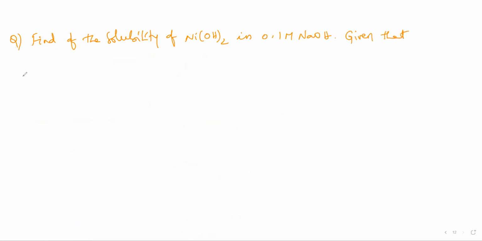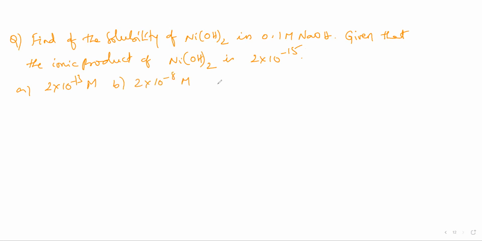Given that the ionic product of nickel hydroxide is 2 into 10 power minus 15. Options given are A, 2 into 10 power minus 13 molar, B, 2 into 10 power minus 8 molar, C, 1 into 10 power minus 13 molar, D, 1 into 10 power minus 8 molar.